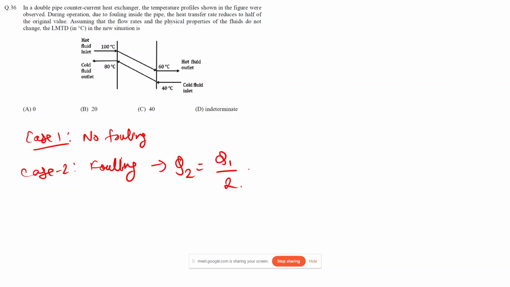Now Q1 is the heat change across any of this hot fluid or the cold fluid, so we can write it as m1 cp1 delta T or m2 cp2 delta T, where delta T is the temperature change across this hot fluid or the cold fluid. For case 2, the inlet conditions will remain the same.